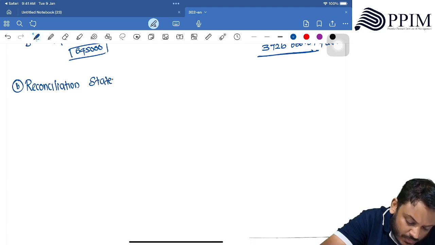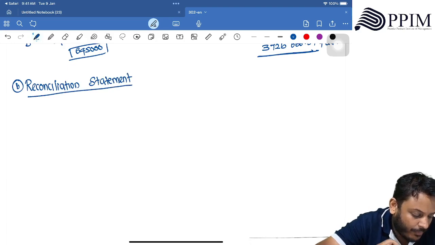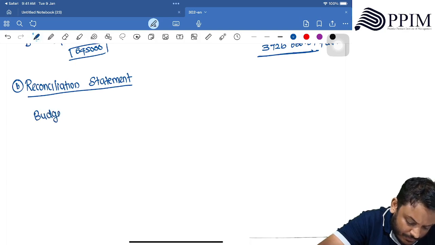Reconciliation statement. This is operating statement. So first we'll take budgeted contribution.